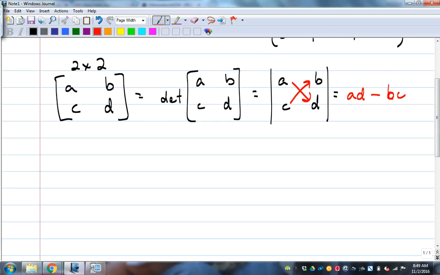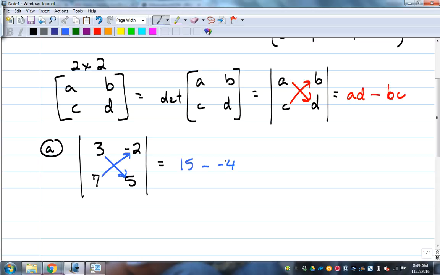Really, really simple. So example A, let's do the determinant of 3, -2, 7, 5. Multiply diagonals, so we get 15 minus -14, which ends up being 15 plus 14, which is 29.